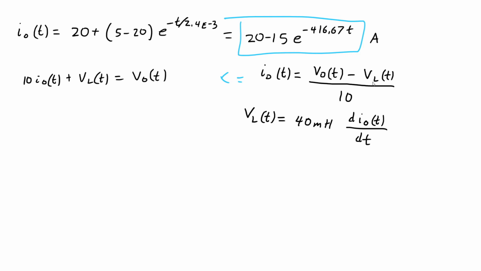So if we can find VLT, then we can find VOT pretty easily. So 10 IOT is going to be 200 minus 150 e to the minus, I'll just leave it as t over tau, just so I don't have to write that out again, t over tau.